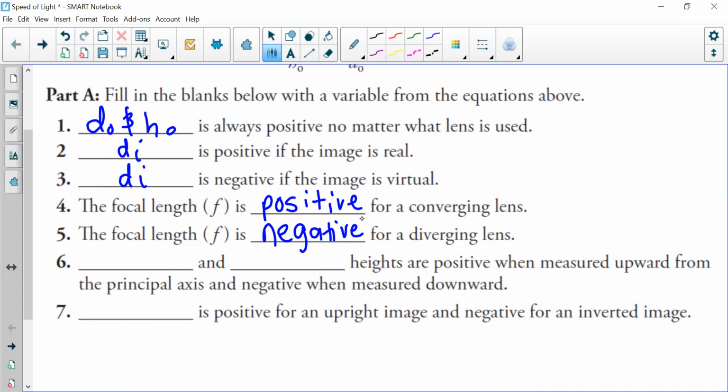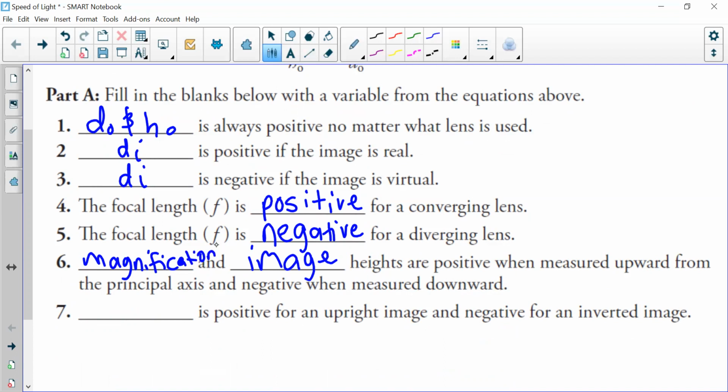What two things are positive if they're upward and negative if they're downward or inverted? M and HI. HI, so the image height, and something else. M. Good, magnification.